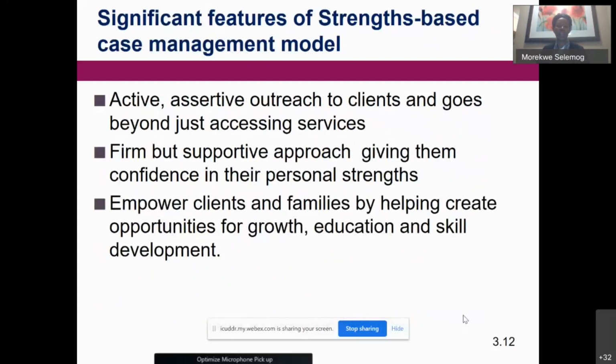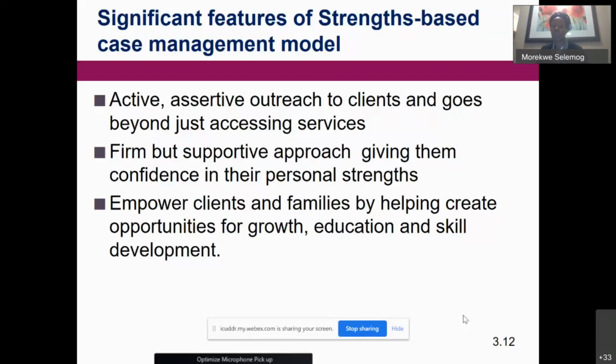Now, with regards to the significant features of this model, it's active, assertive outreach to clients and goes beyond just accessing service. It's assertive in that the client is the one in the forefront in terms of getting resources. The case manager, though, is firm, however very supportive.